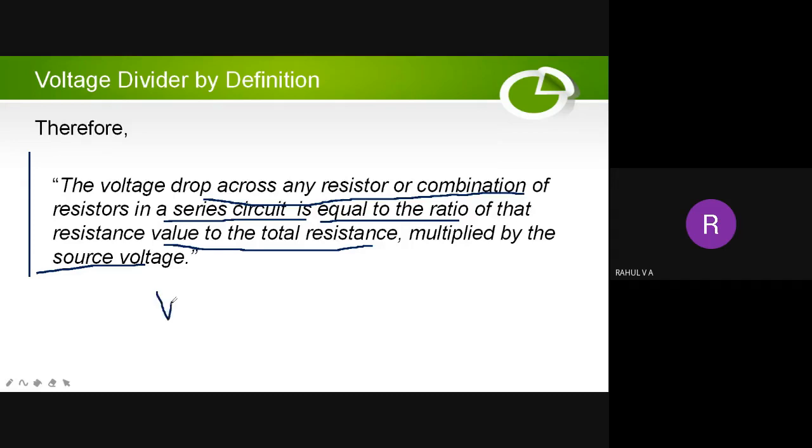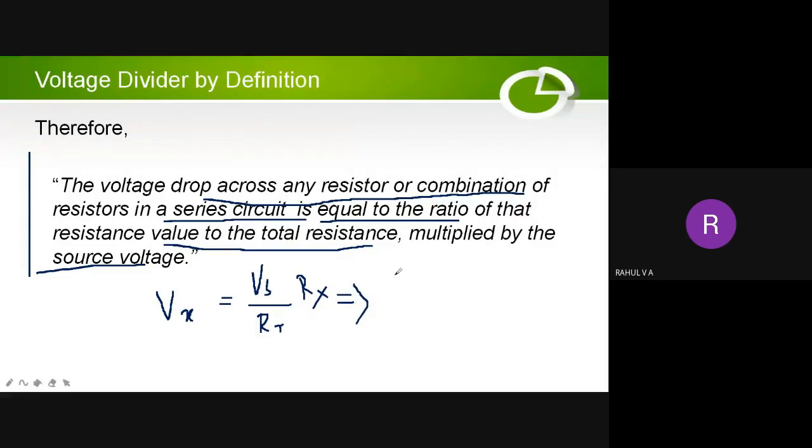So what they have done is they have rewritten the formula. As per this diagram, instead of Vx equal to Vs divided by Rt into Rx, they have explained it like this.